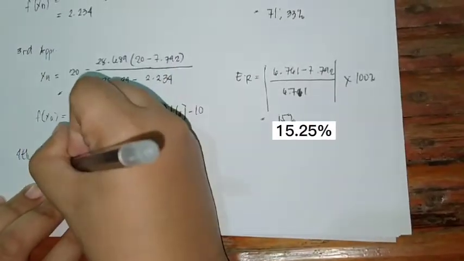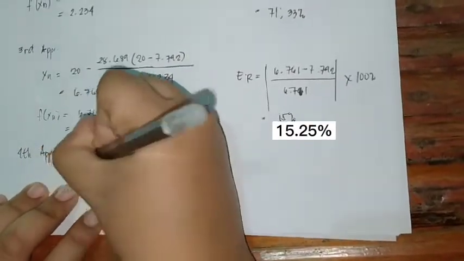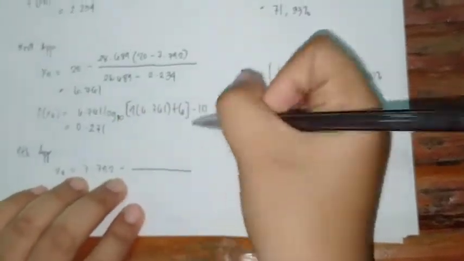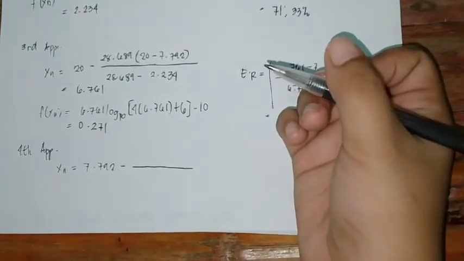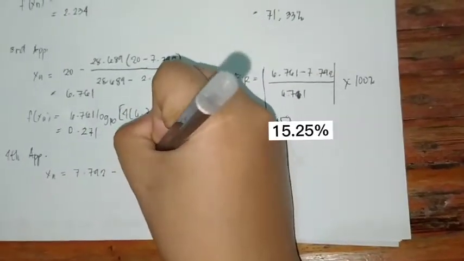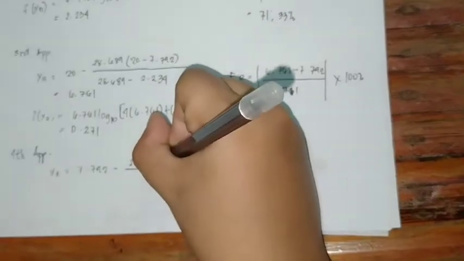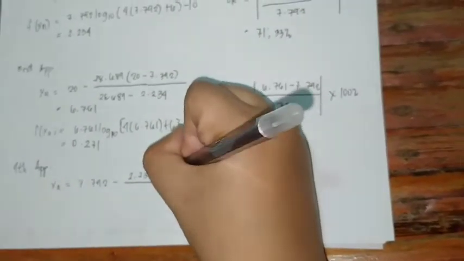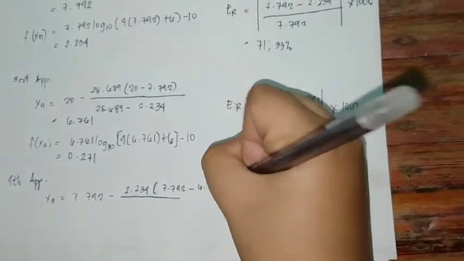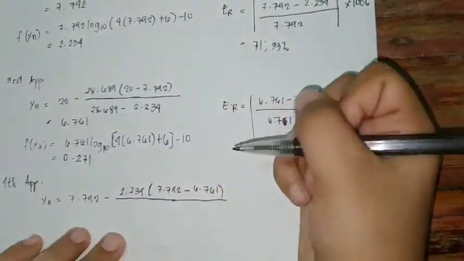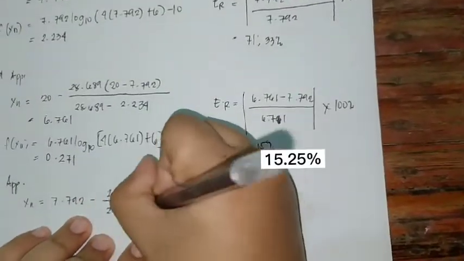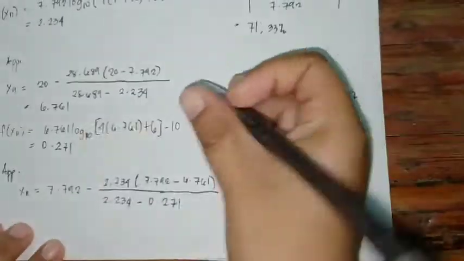So we have x_n = 7.792 - 2.234 multiplied by (7.792 - 6.761) over (2.234 - 0.271).